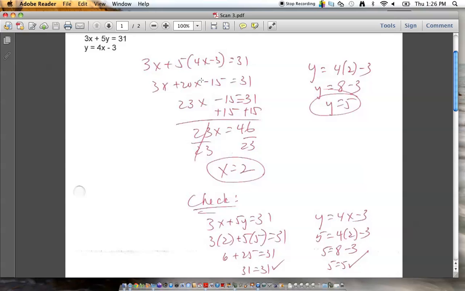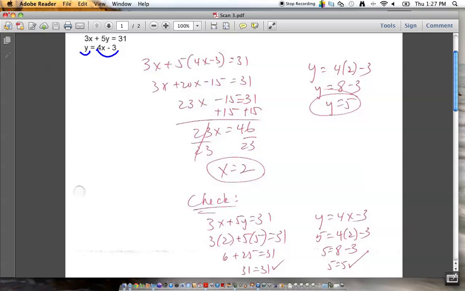Here's the number one mistake that I saw made by kids who got a 35. The biggest mistake I saw is that they substituted in the wrong place. Show you what I mean. See how it says here that y is 4x minus 3?